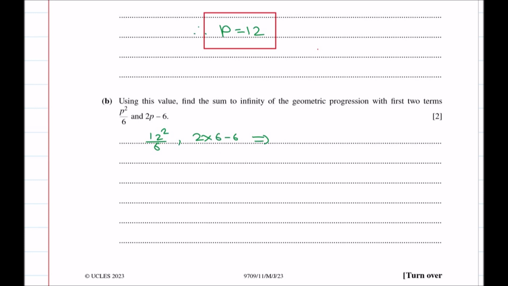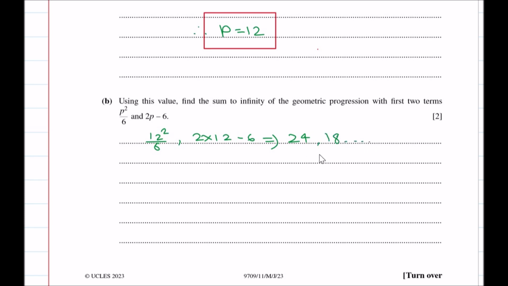Sorry, I made a mistake, let me correct. Because we have taken p equal to 12, the two terms become 24, since 12 square by 6 is 24, and the second term is 18.